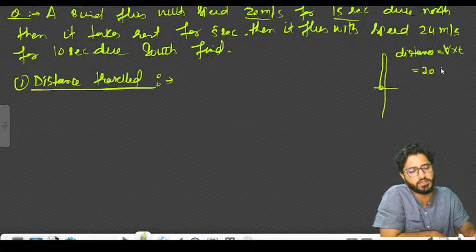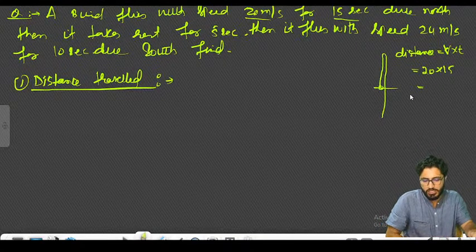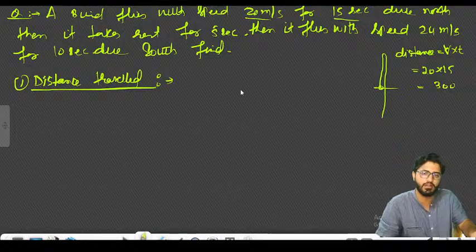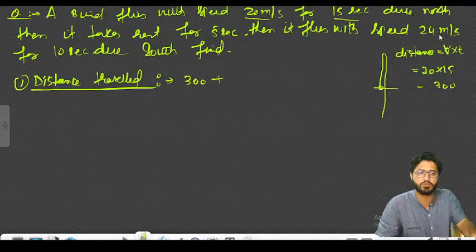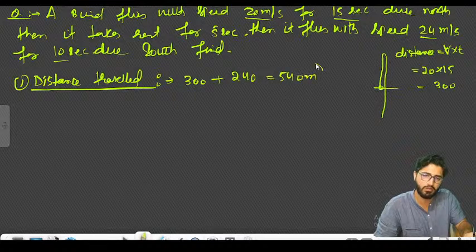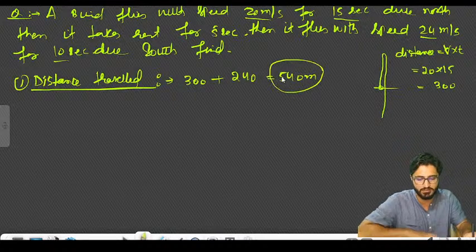It is 20 into 15. What is 20 into 15? Is it 300? Yes, sir, it is 300. I will write here 300 plus it is 24 into 10. It is 240. It is 540 meter. Total distance.